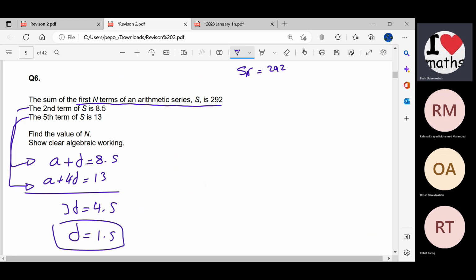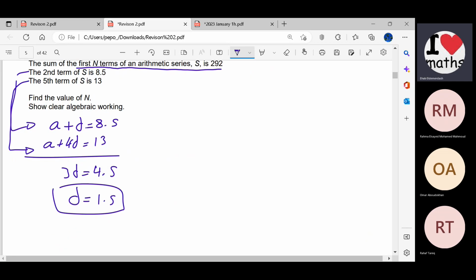After we get d, we find a: a + 1.5 = 8.5, so a is equal to 7.